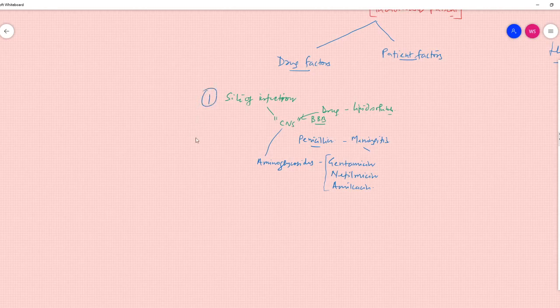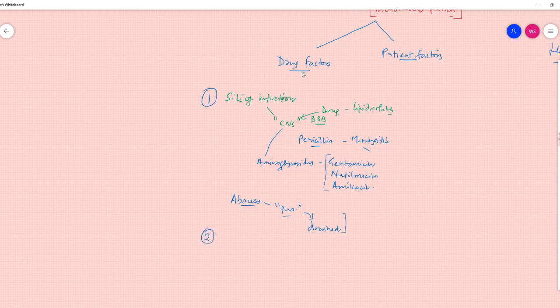So this would be the first drug factor that we are talking about, the site of infection. The other thing that we have to know is, suppose there is an abscess. Okay, so what is an abscess? There is a collection of pus. Okay, so this pus needs to be drained. Only then will the antibiotic reach that particular site in effective concentration. Okay, so site of infection.